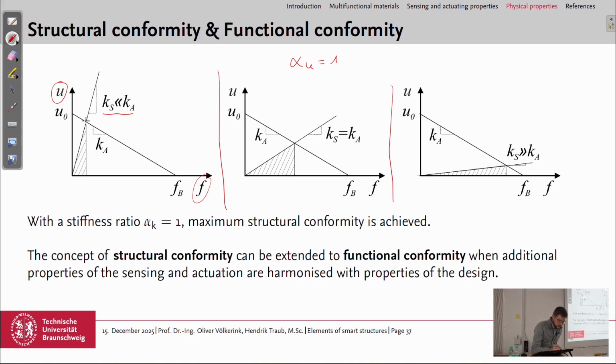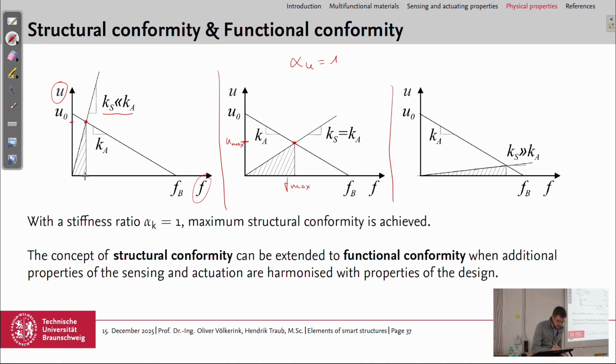And then you can see that the point where the two lines meet is here. So in the integrated structure, the maximum displacement is at this point, and this is the maximum force the actuator can apply.